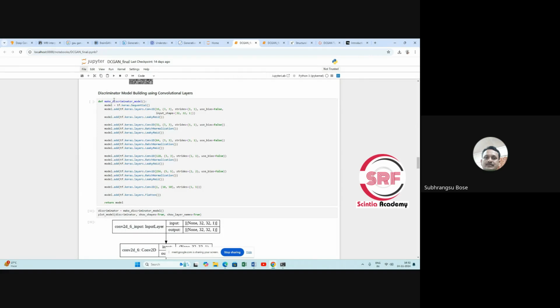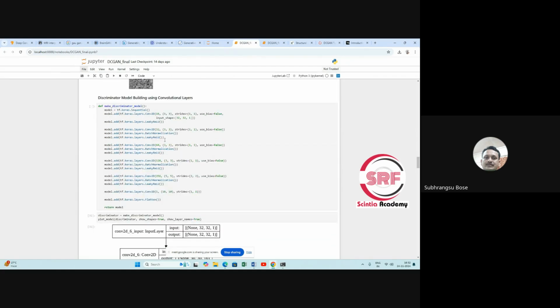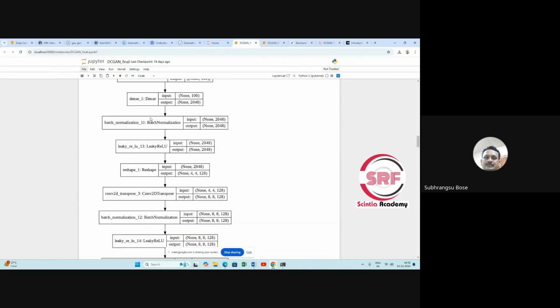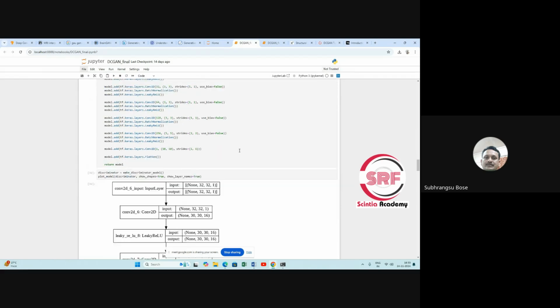Then we make a discriminator model. What is the discriminator model? There is some difference between generator model and discriminator model. What is the difference? Generator model creates a new picture, but discriminator model analyzes it.